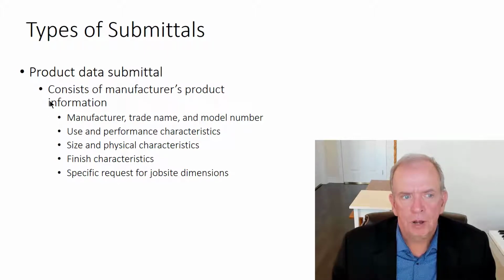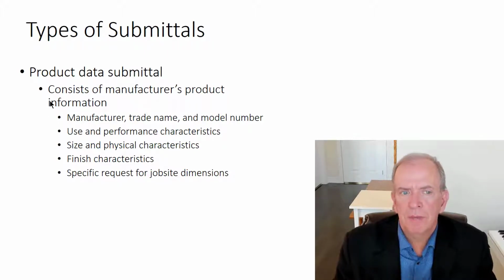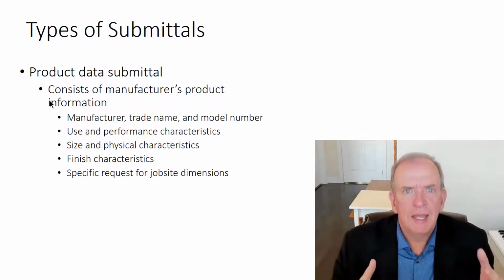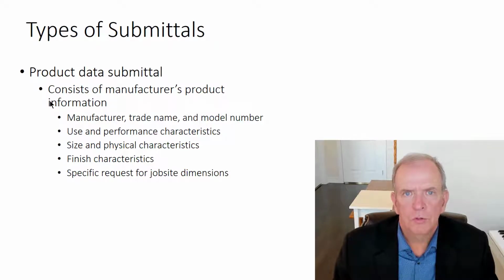Basically, the product data submittal consists of the manufacturer's product information. Architects and consultants will specify something, but with a certain intent. And then it's up to you, the GC, to make sure that this product is going to meet that intent.